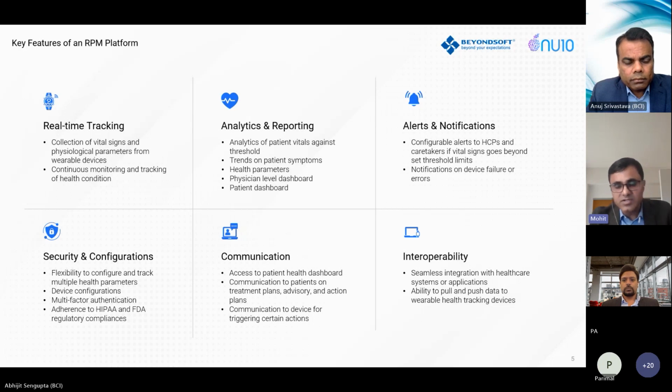The last bit here, but equally important, is interoperability, because physicians or any healthcare providers need to see a comprehensive view. So not only are you looking at the data coming in from med devices, but you're also integrating this with EHR, EMR data, and it also allows for data to be pushed into different systems.